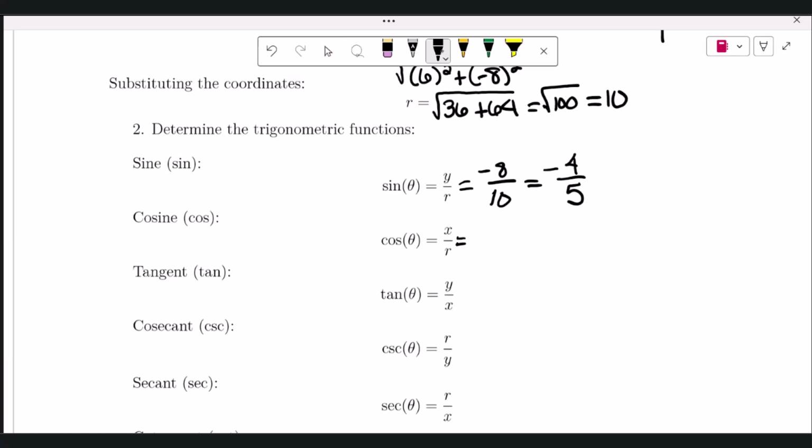Our x in the ordered pair was 6, and our r is 10. When I reduce that, I end up with 3 over 5. All right, looking good. Our tangent is y over x. Our y was -8. Our x was 6. We need to reduce that, so we'll divide both by 2, and we end up with -4 over 3. Cool.